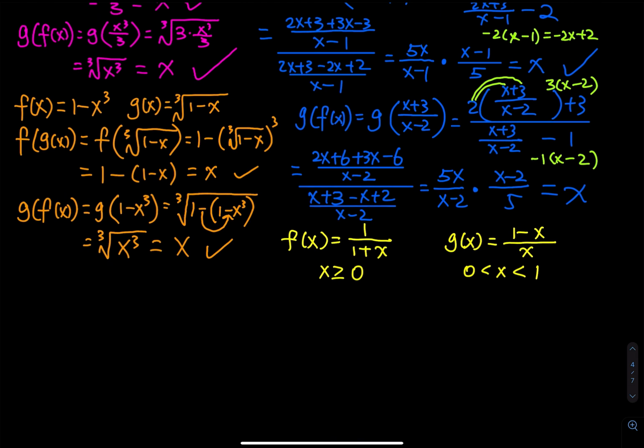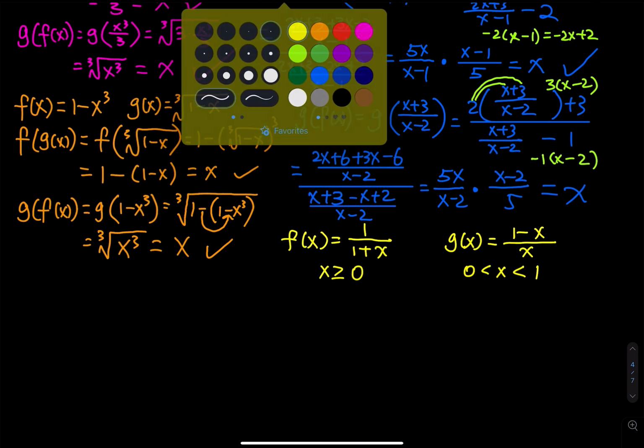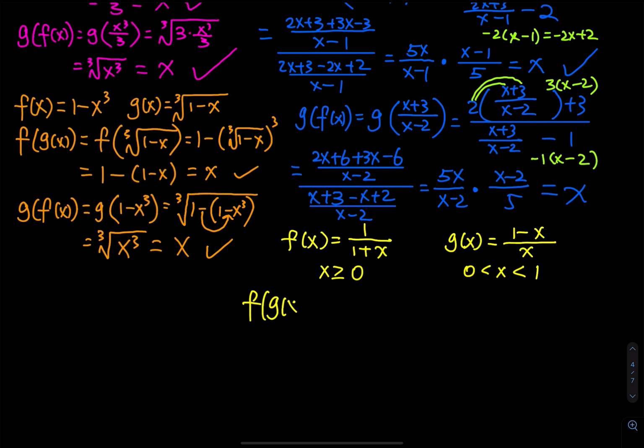Okay, last one. F of g of x. So this time we can write bigger, right? F of 1 minus x divided by 1 plus x. And then what do we get? We have 1 divided by 1 plus 1 minus x, and then 1 plus x. Okay.